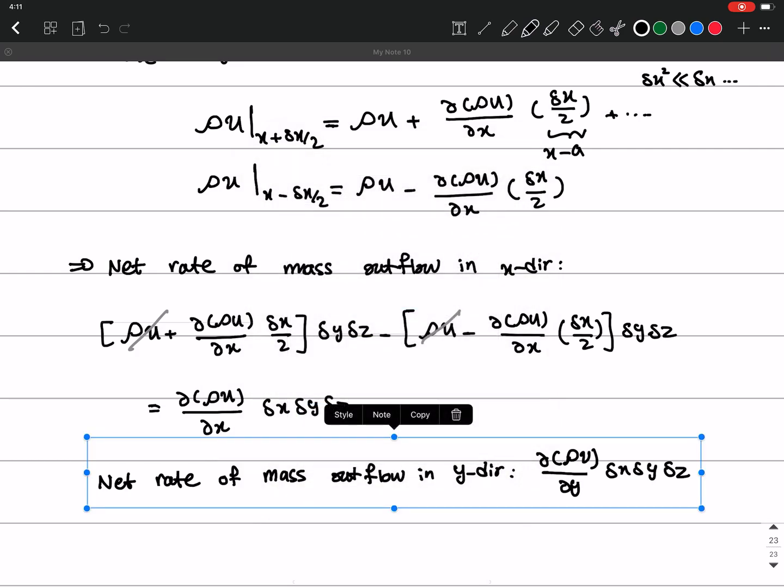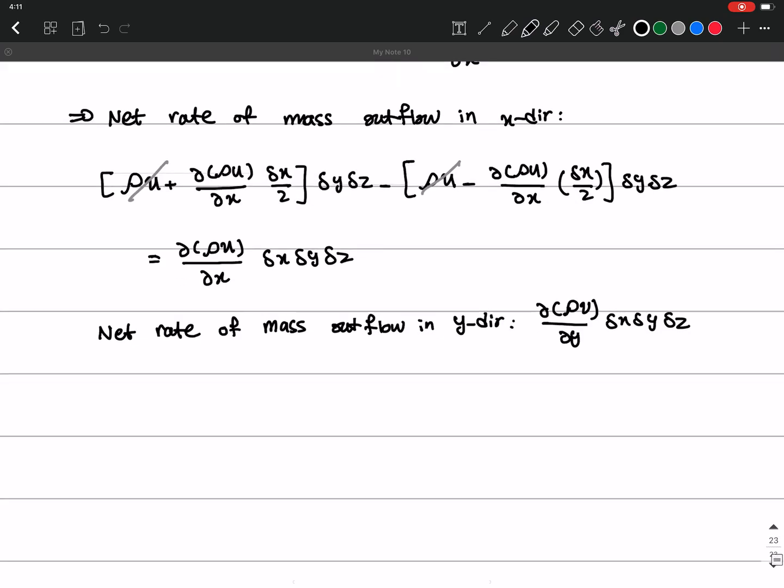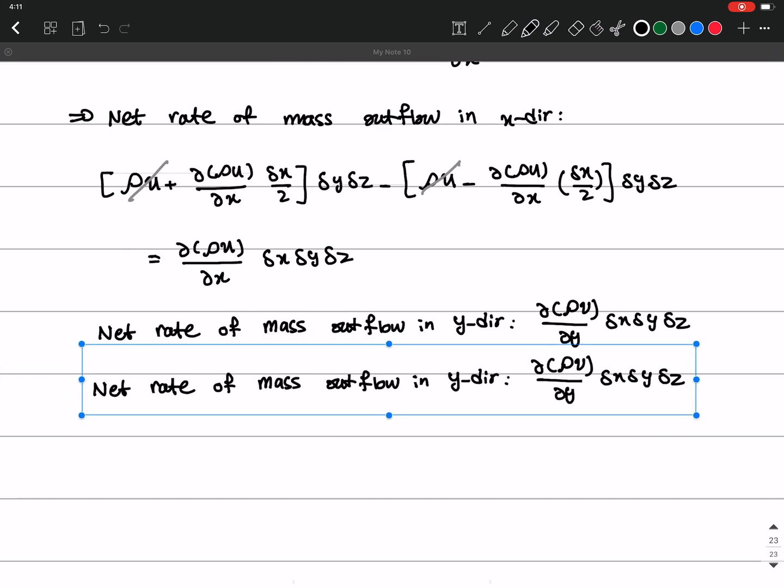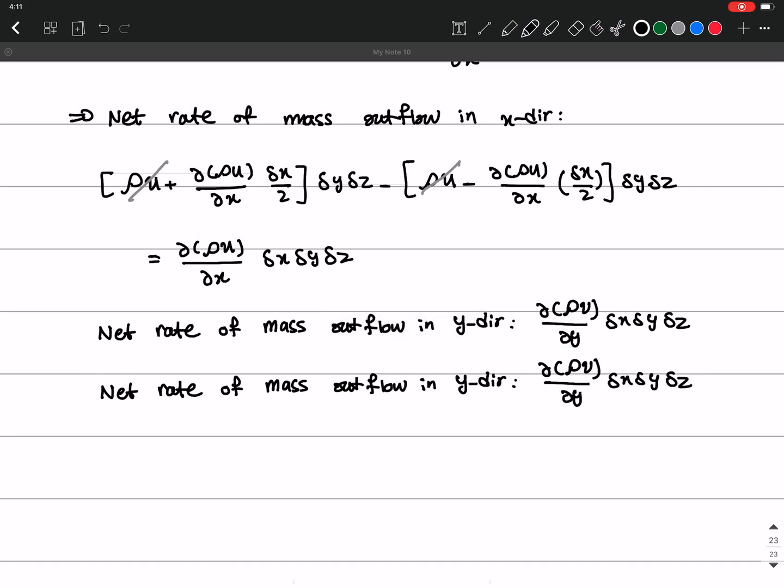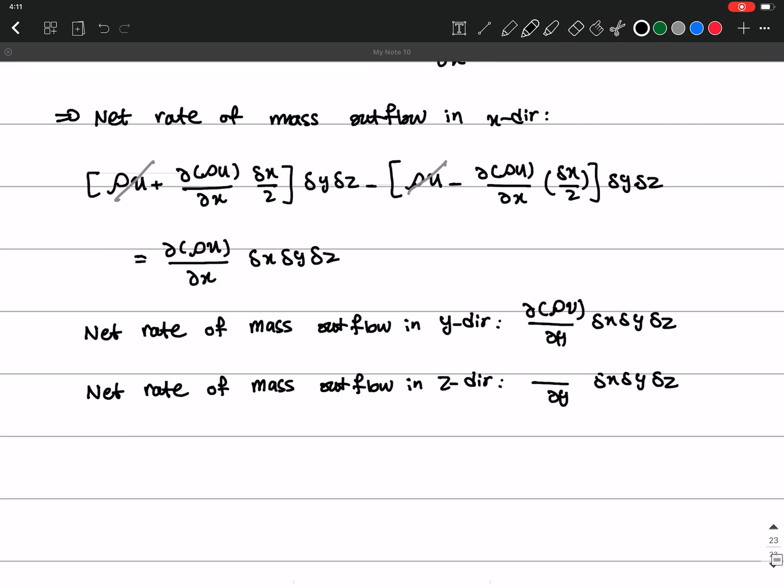And similarly, the net rate of mass outflow in z direction is going to be what? Is going to be partial rho w over partial z delta x, delta y, delta z.